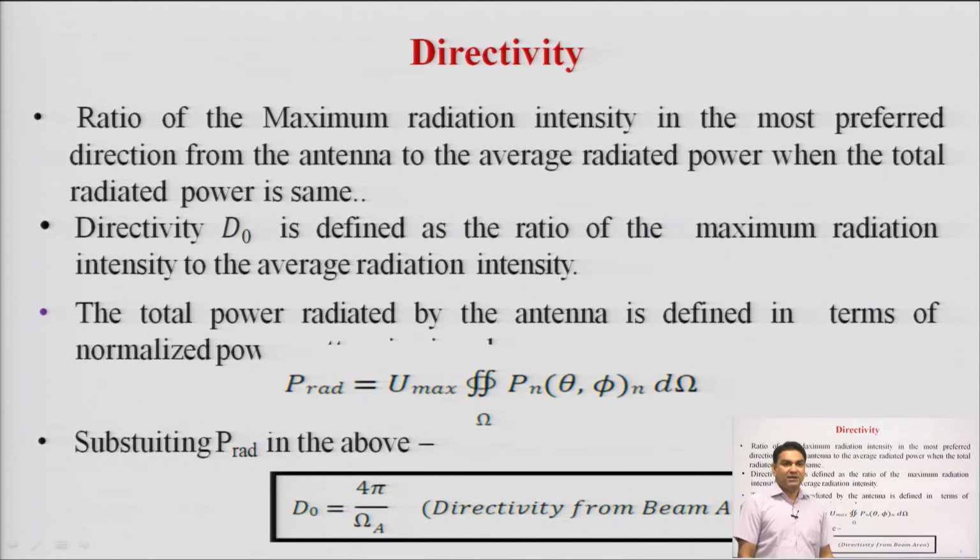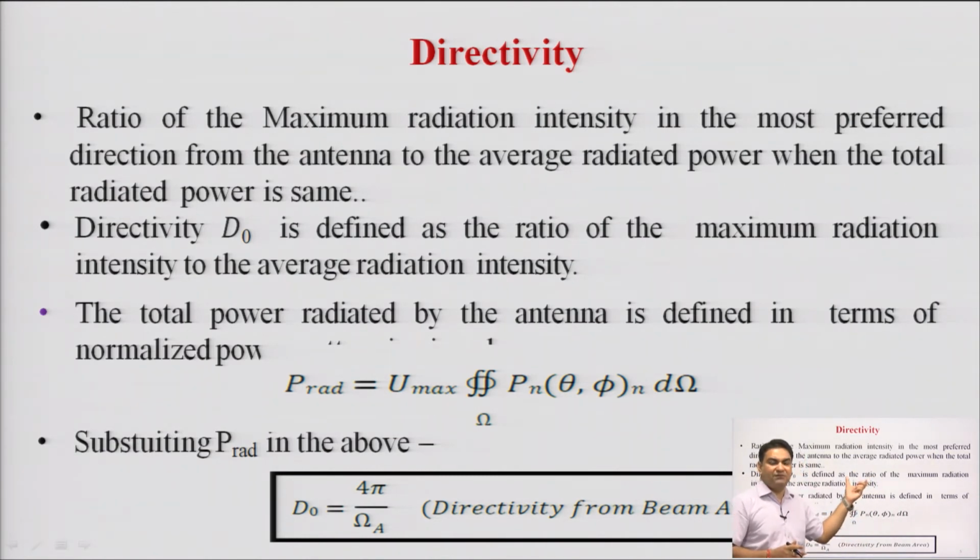given here. In the definition of directive gain, when we use the maximum term before the radiation intensity, it converts into the directivity, the ratio of the maximum radiation intensity in the most preferred direction. Obviously, if the maximum radiation intensity is given in that direction, that direction will be its most preferred direction.